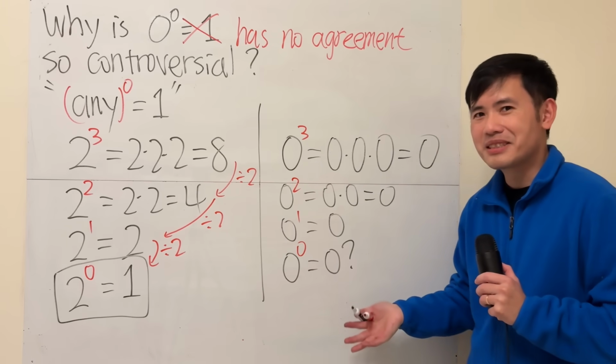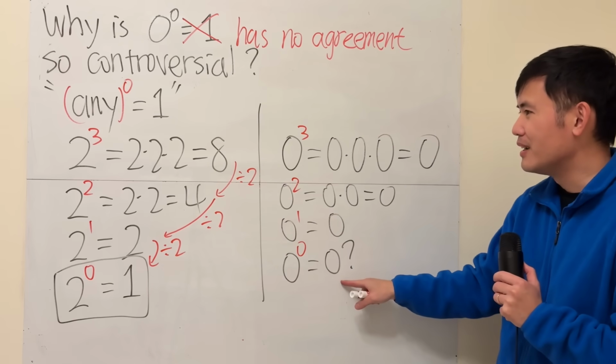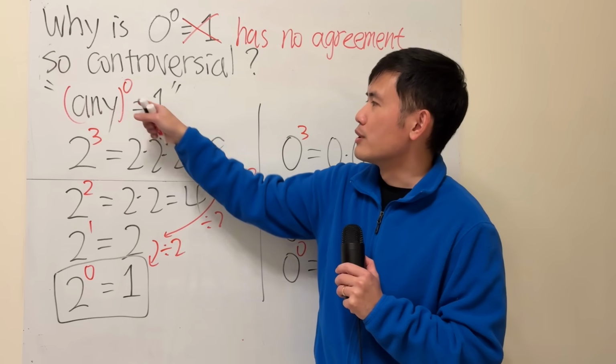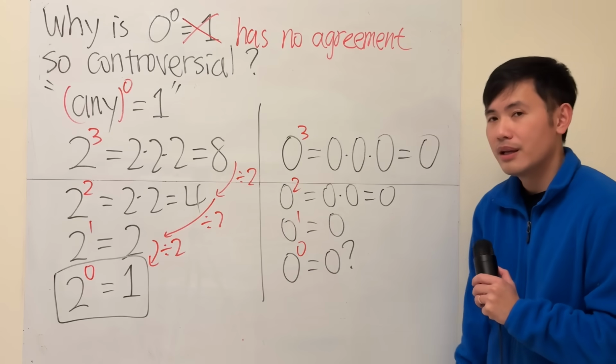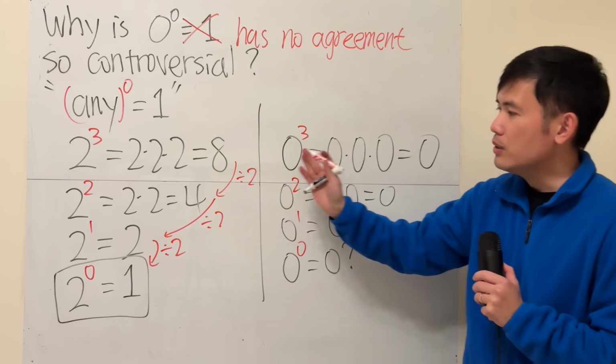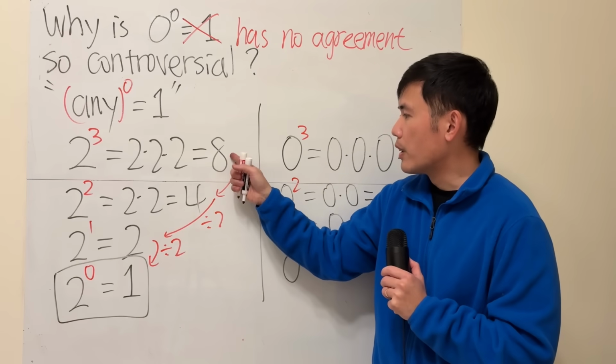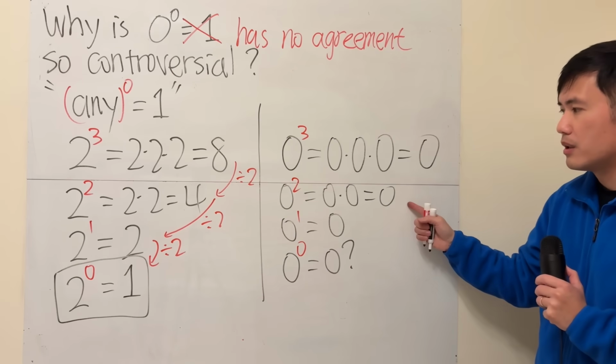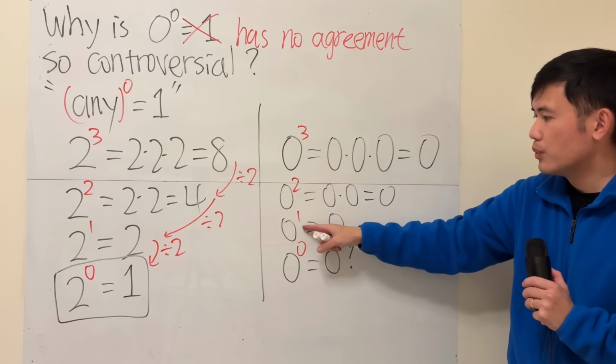But is this correct? Because if you write this down, it contradicts with what we just said earlier. Anything raised to the zeroth power is equal to 1, right? However, if you take a look at what we did earlier, from here to here, we divided by 2. Can we do the same thing to go from here to here? Yes, 3, 2, 1, 0.